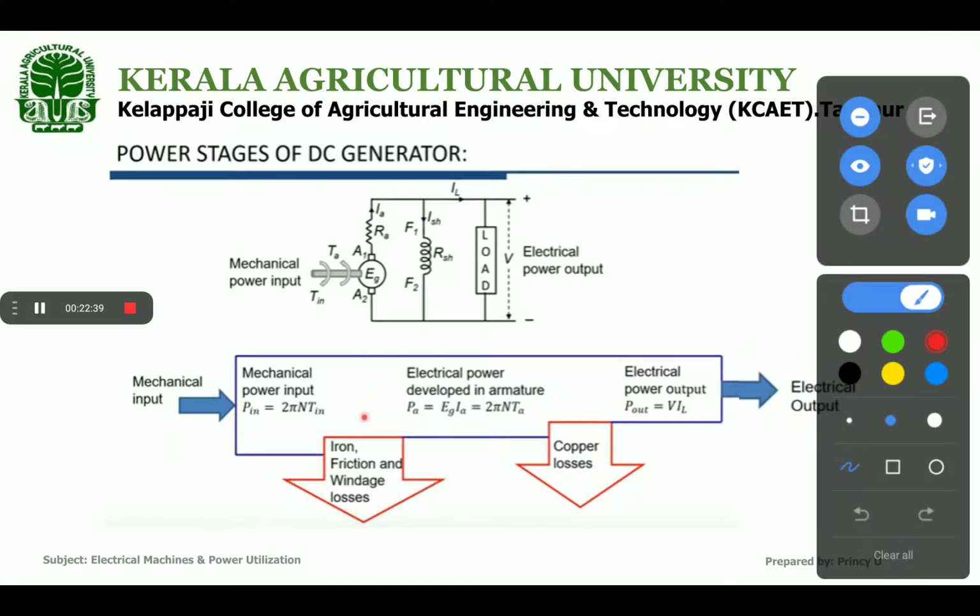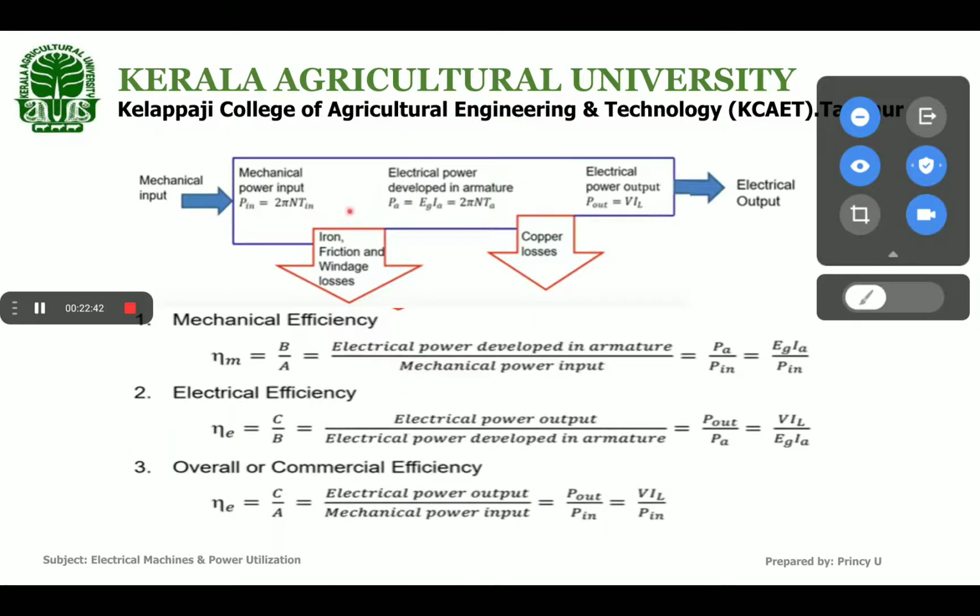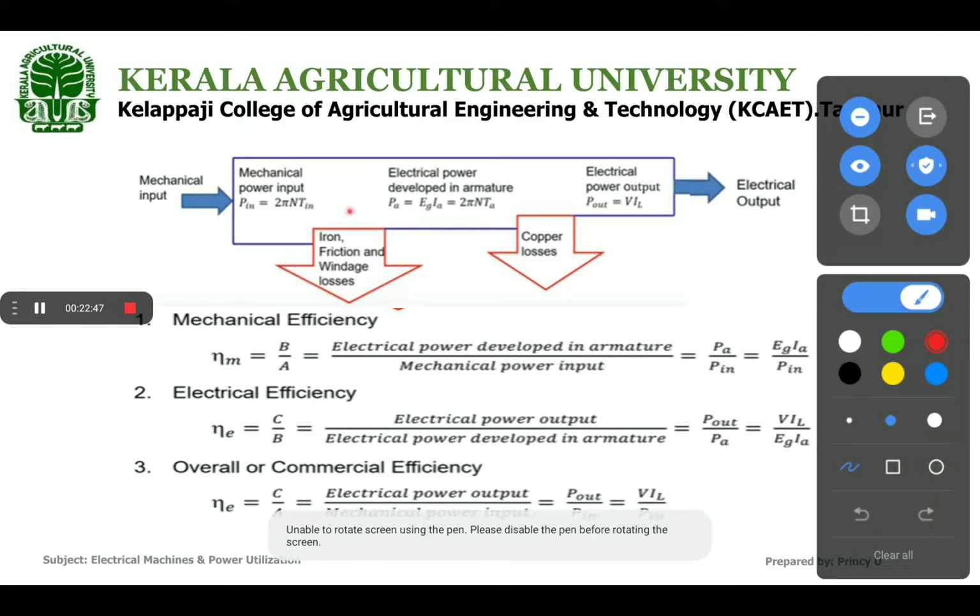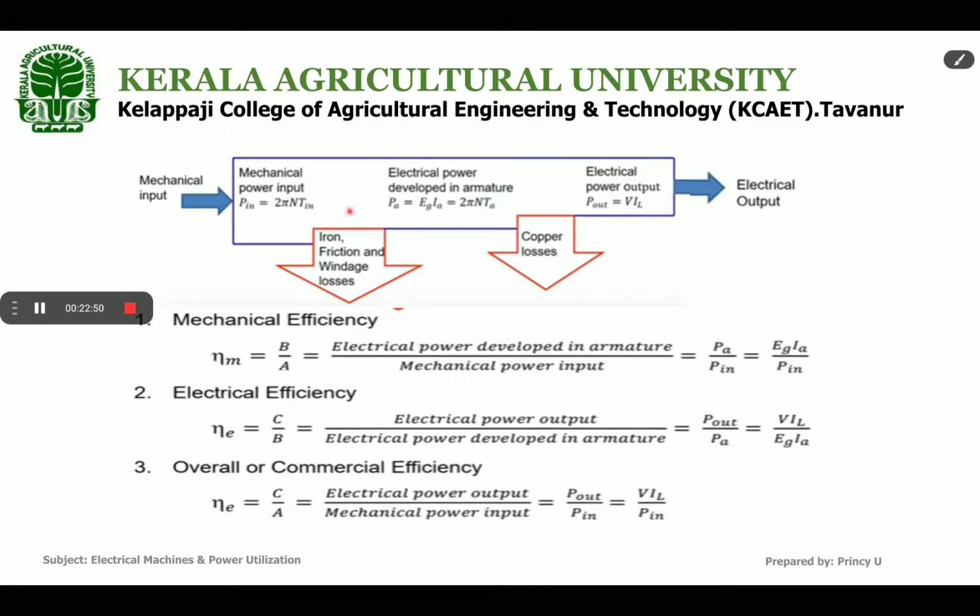Now we can study some efficiencies present in a DC machine. We have studied our different power stages. This will be very useful for calculating the efficiency and also losses by using these power stages. There are different efficiencies. We know that the mechanical input is converted into electrical power. So the first one is mechanical efficiency, represented as eta m.